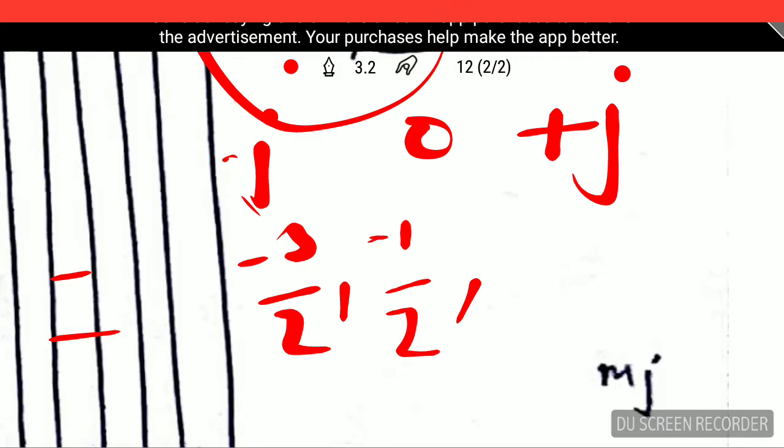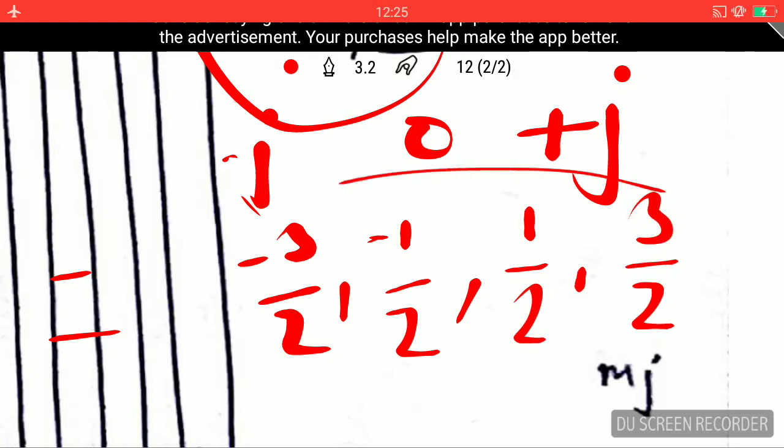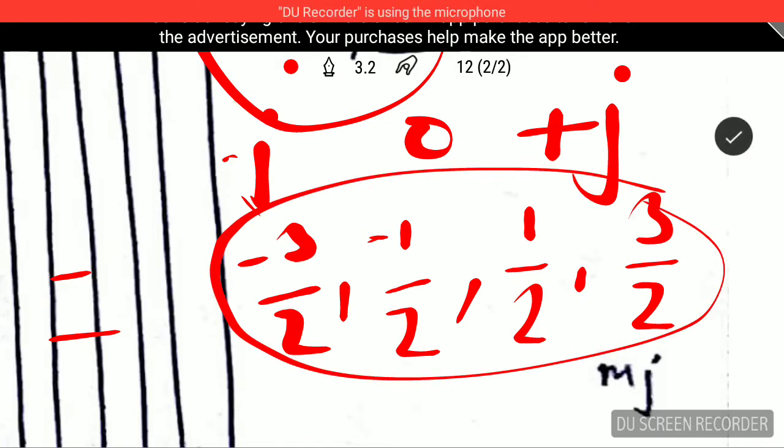Then again you have to add 1 to this, that will be 1 by 2, and then again you have to add 1, that will give you 3 by 2. So this is how you got your 4 values of the level.